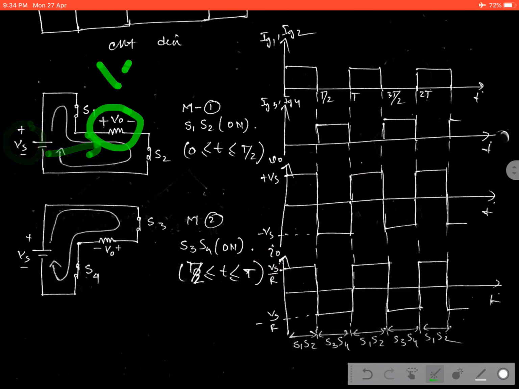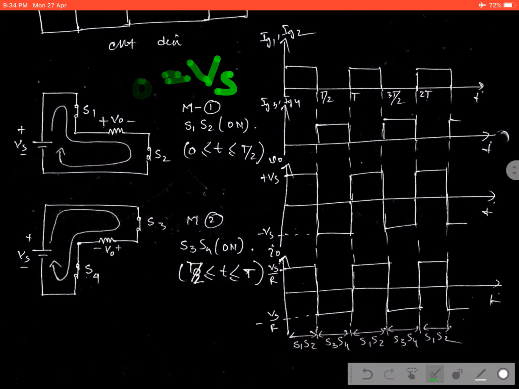That means we can say during conduction V0 equals Vs, that is why the current is Vs by R. So this is the waveform. And considering this mode operation and the switching state, we define here 0 to T by 2, S1, S2 conducted, and T by 2 to T, S3, S4 conducted.